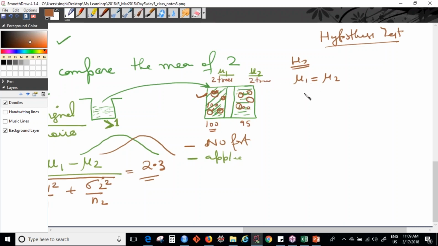Your null hypothesis is that the fertilizer did not help, meaning both lands will have the same average production. Your alternative hypothesis will be that land 1 did better than the other.